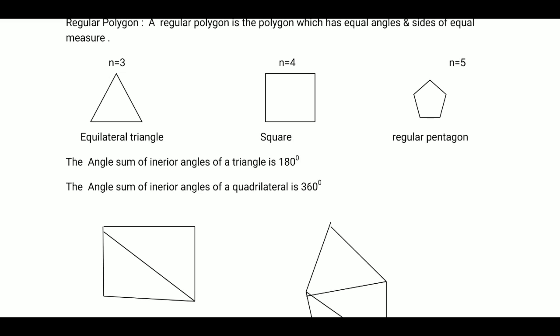Now the angle sum property. The sum of interior angles of a triangle is 180 degrees. The sum of interior angles of a quadrilateral is 360 degrees. How is it?